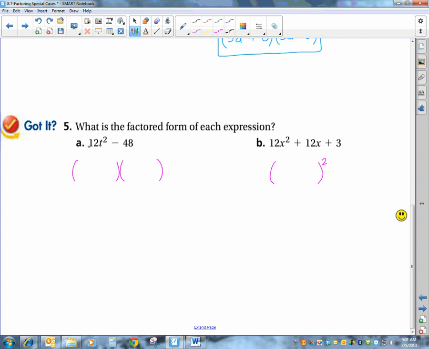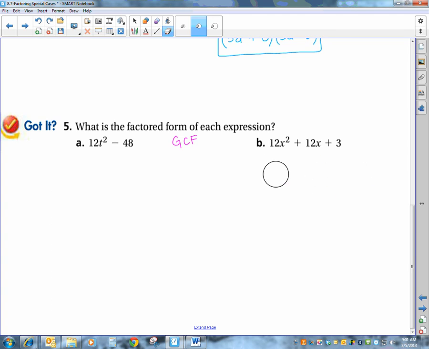So two terms. Something a little different about these, okay? I didn't look to see if I had a perfect square, so hopefully y'all can notice that 12 is not a perfect square, so what that means is we've got to look for a GCF first, okay?